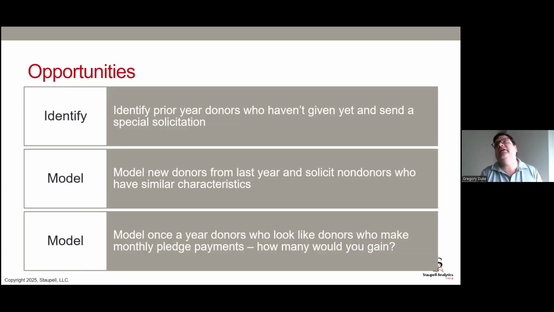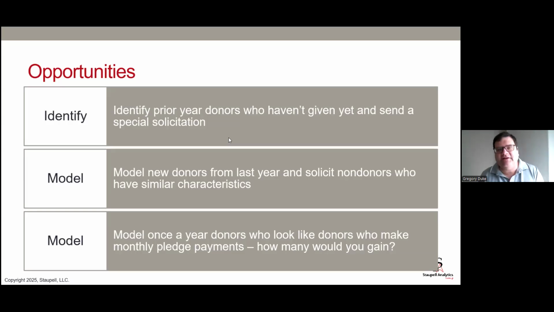So you can filter those out in Power BI and then take a look at who the non-staff and faculty members are who are giving monthly. What characteristics are those people sharing? What affinity groups do they belong to?